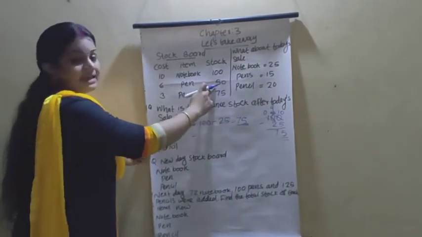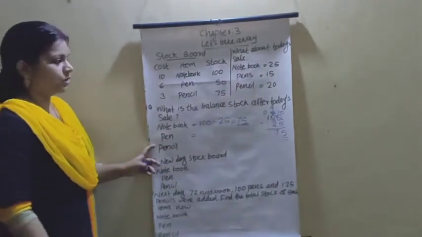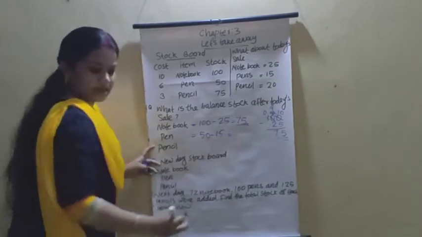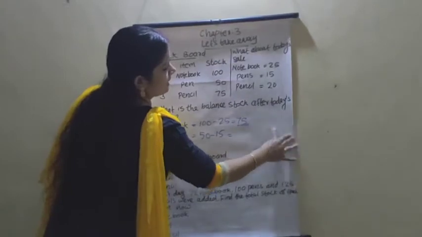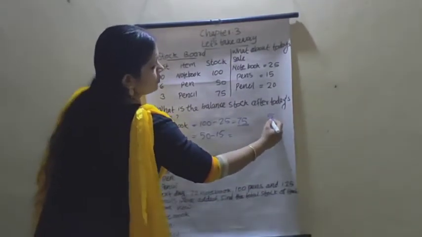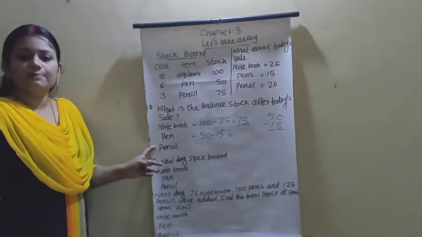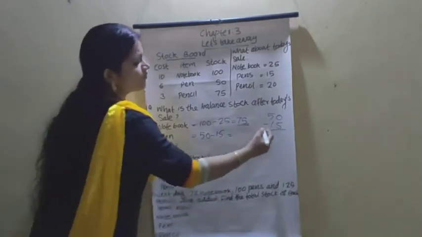Total how many pens are there? 50. How many pens sold? 15 pens sold. So 50 minus 15. Now space is there, so I rub here. 0 minus 5 possible? No. So 1 borrow from 5.